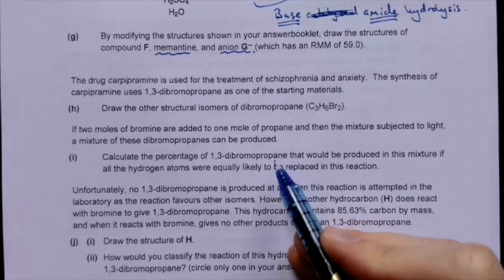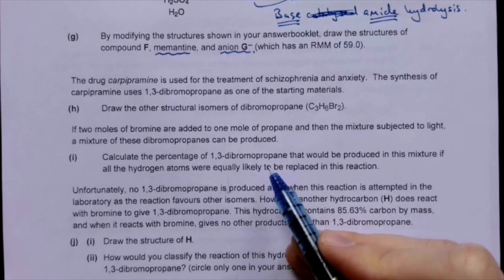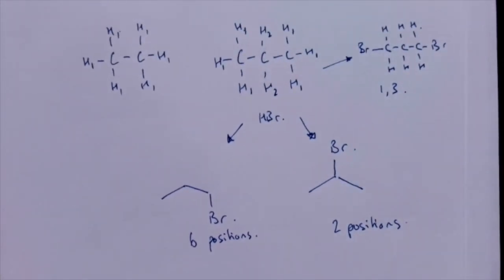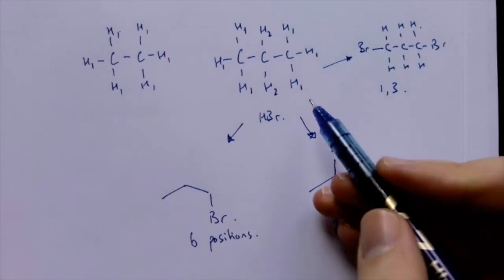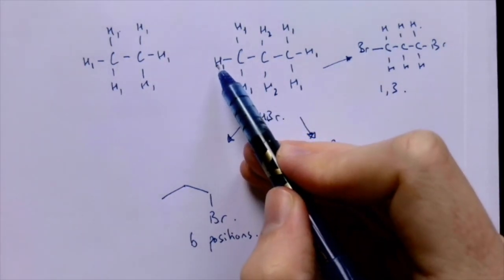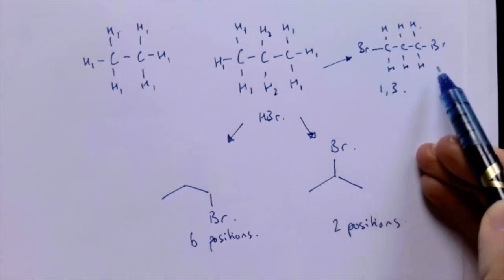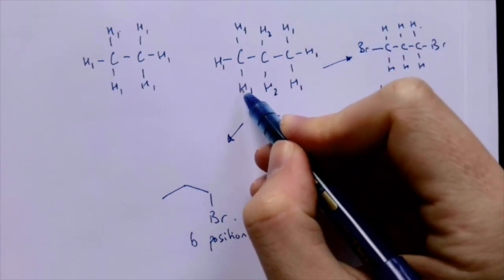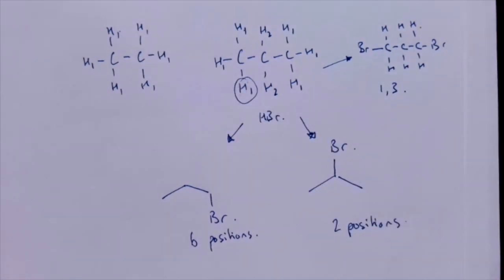Now, to work out the percentage, if all the hydrogen atoms are equally likely to be replaced, you could either work out all the different possible structures that could be formed, which might take a long time, or you can just think about it in stages. So, in order to form this particular compound, I need to first replace one of these.